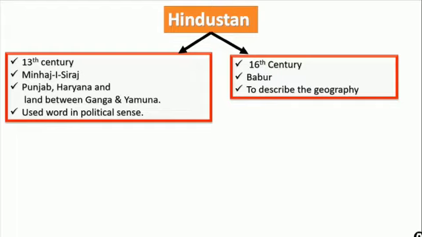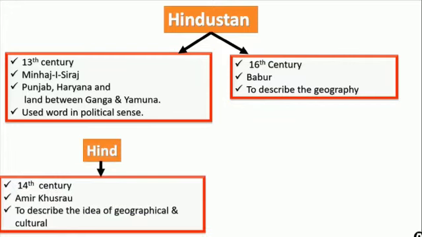In the same way, Babur also used the term Hindustan to describe the geography and cultures of the subcontinent in the 16th century, and in a similar way Amir Khusrau, a famous poet of the 14th century, used the word Hind to describe the geographical and cultural aspects of the subcontinent.